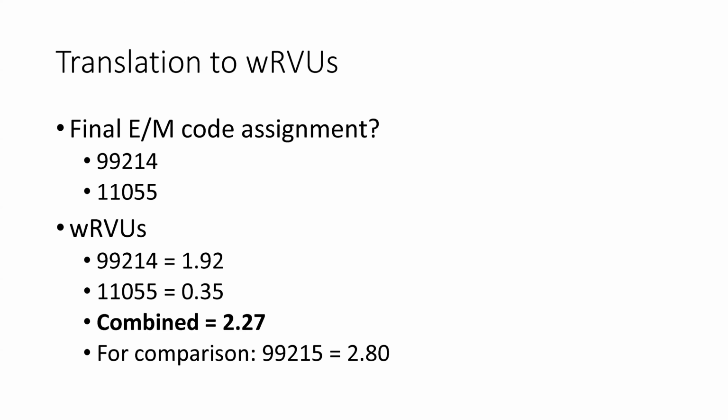There's a nice APC website. You just plug in your code. It's out there. The left column will be the codes, and the right column will be how many units.